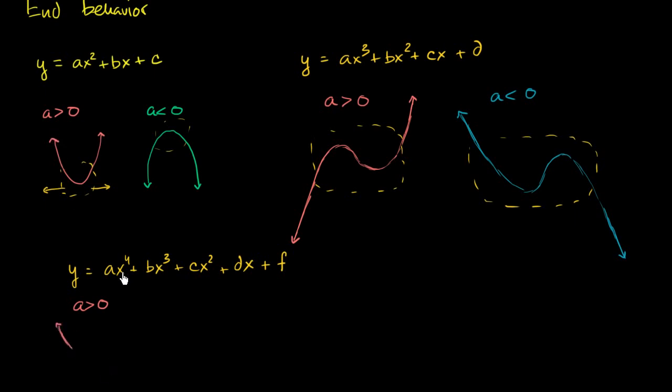And when x is really positive, same thing. X to the fourth is going to be positive, times a is still going to be positive. So its end behavior is going to look very similar to a second degree polynomial. Now, in fact, it probably will do some funky stuff in between. It might do something that looks kind of like that in between. But we care about the end behavior.